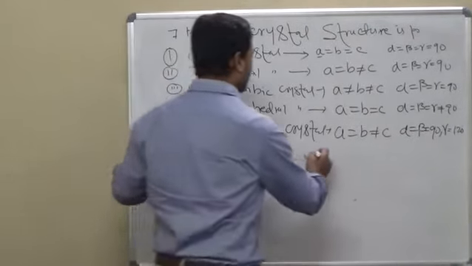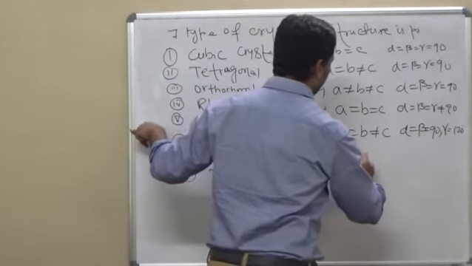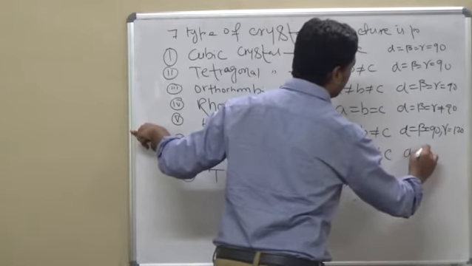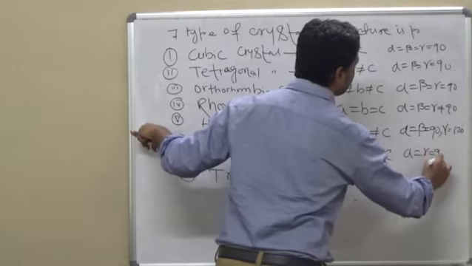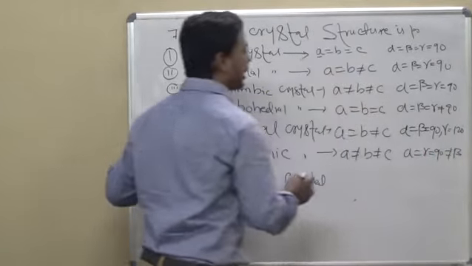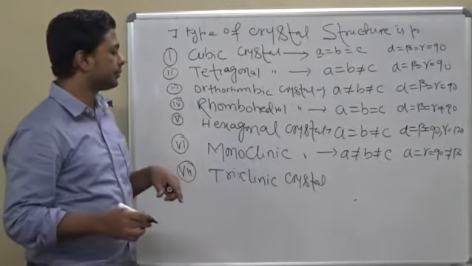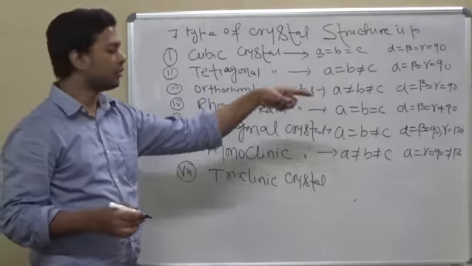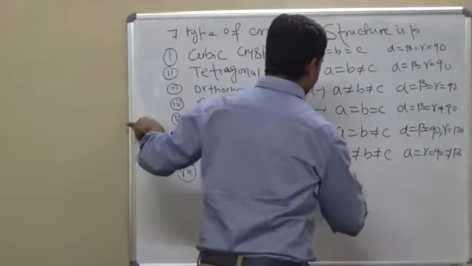This is monoclinic. In monoclinic, all sides are unequal, two angles are equal to 90 degrees and the third angle is not equal to 90 degrees. Fourth is monoclinic.